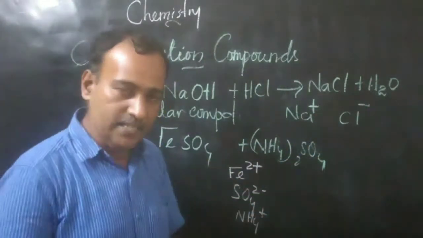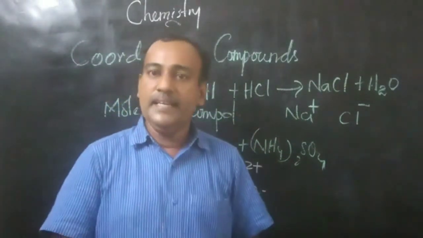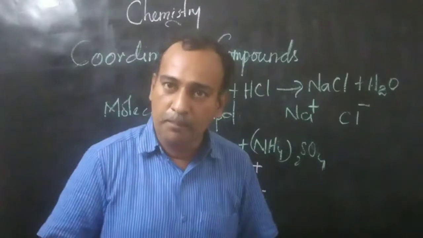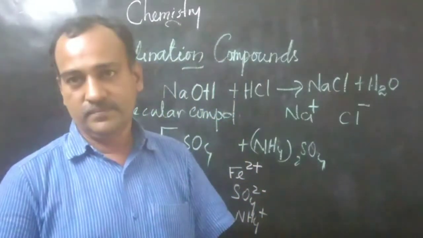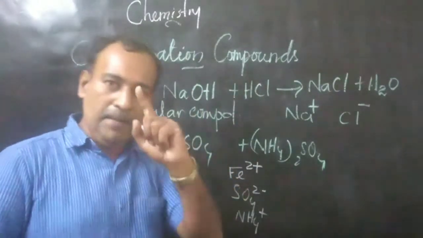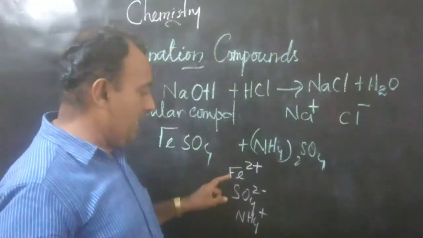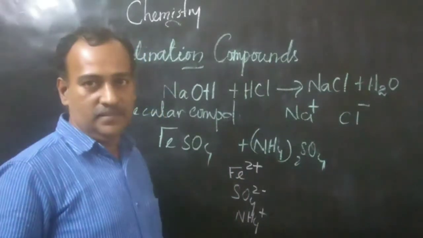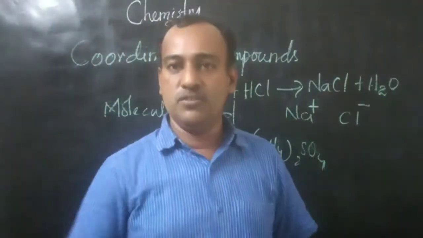That means this molecular or addition compound exhibits the properties of all the constituent ions. So it is also a salt. But this salt contains more than one cation. Therefore, we cannot call it a simple salt.